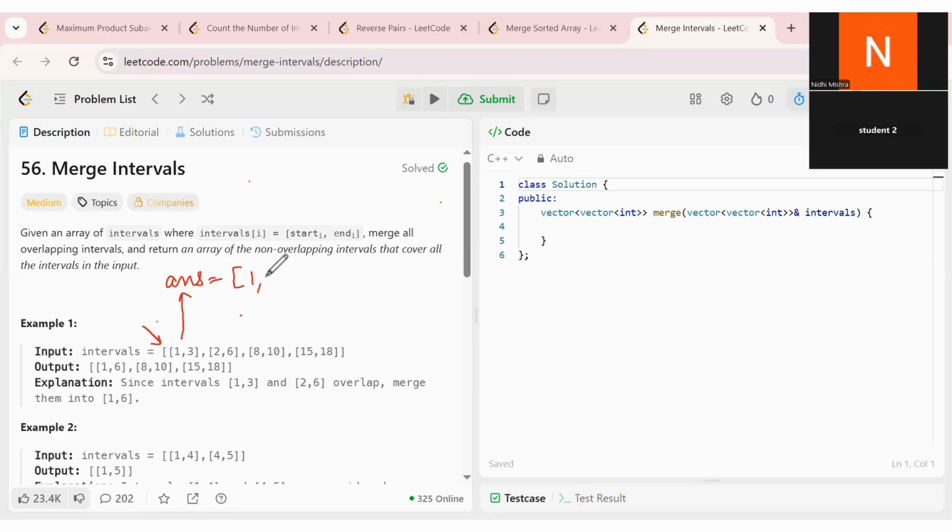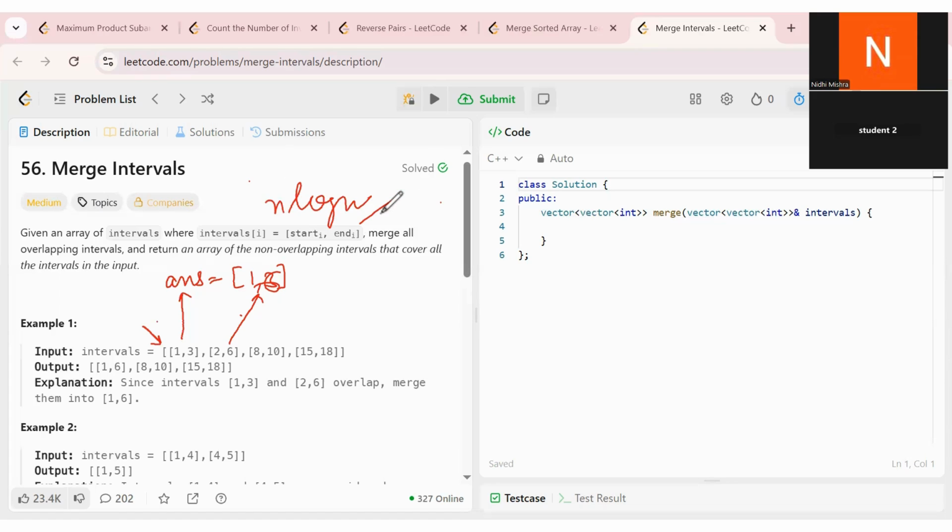Answer vector is having 1 comma 3. And then while considering this, I will check it with this. Now, is 2 less than 3? Yes, that is less than 3. Means that we'll change 3 to the maximum value of 3 or the second value of this next interval, which is 6. Similarly, we can do this. So that will be order of n plus n log n, which is better than n square. Correct.